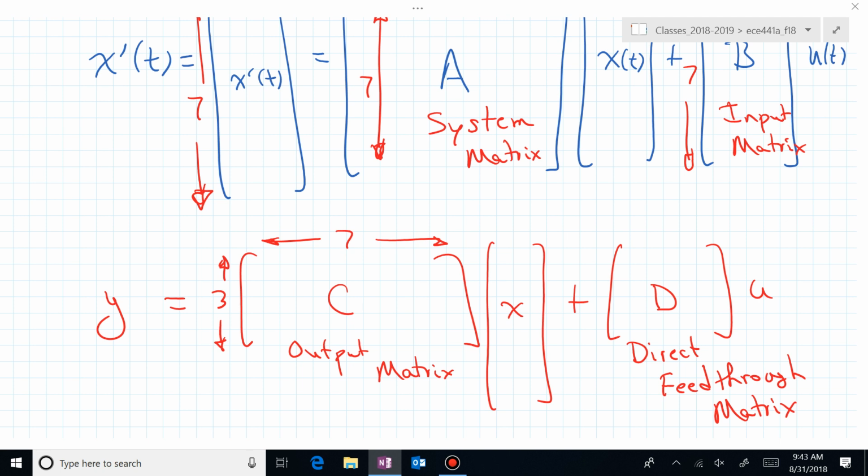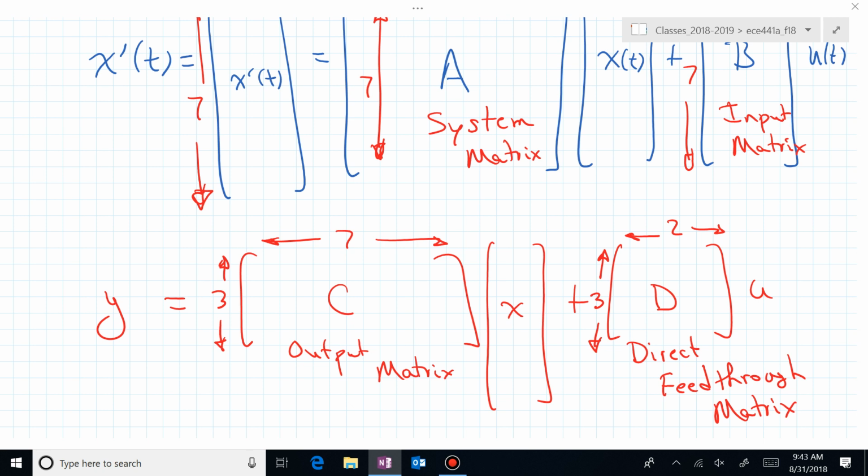They have to be consistent. So we have to have 3 rows in D. How many columns are in D? D now needs to be multiplied by U, and U was a vector that's 2 tall. And so D is a 3 by 2 matrix.